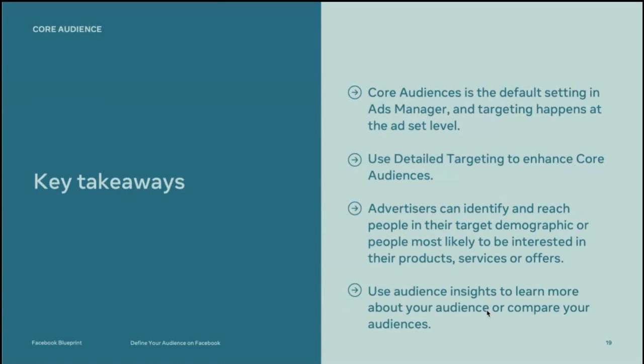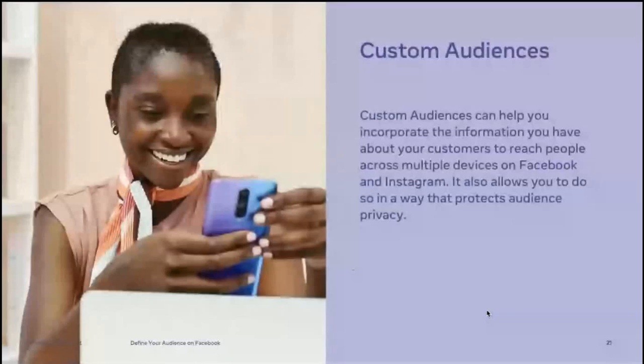Okay. The other audience that you can target is the custom audience. Now, what's a custom audience? It's basically an audience that can help you incorporate the information you have about your customers to reach people across multiple devices on Facebook and Insta. It also allows you to do so in a way that protects audience privacy.